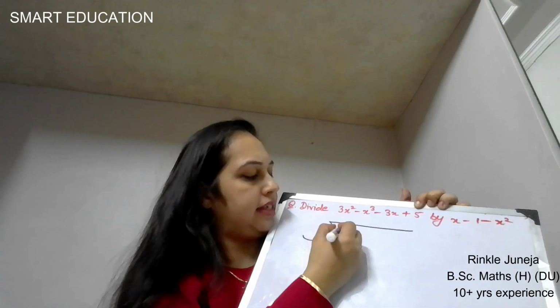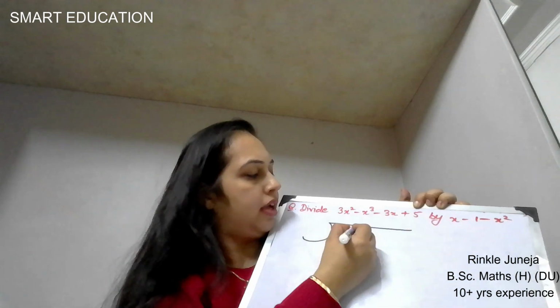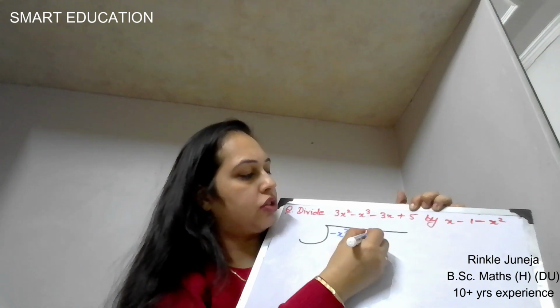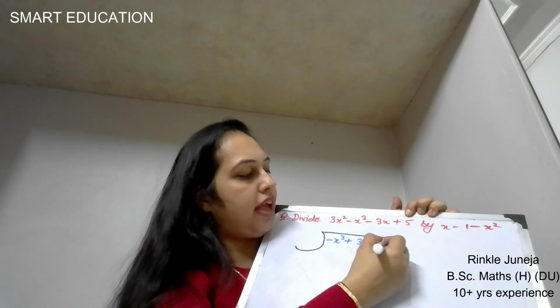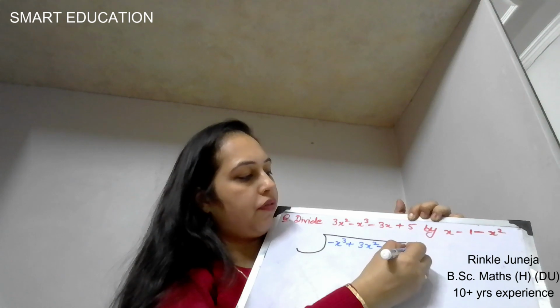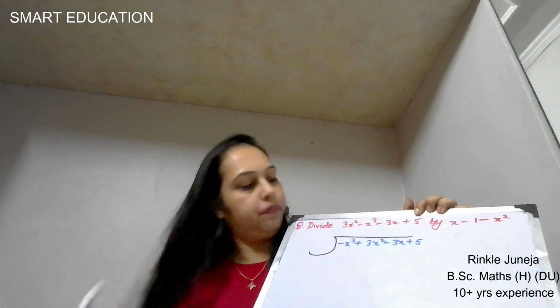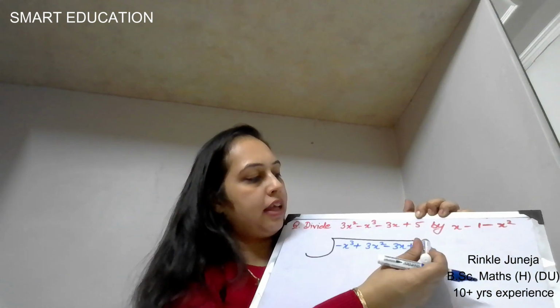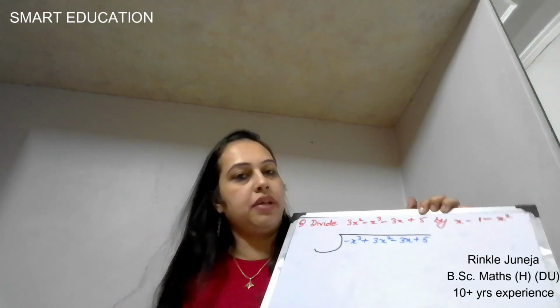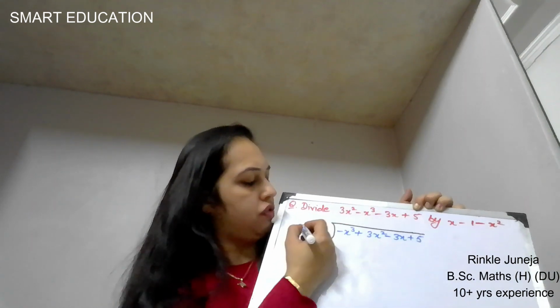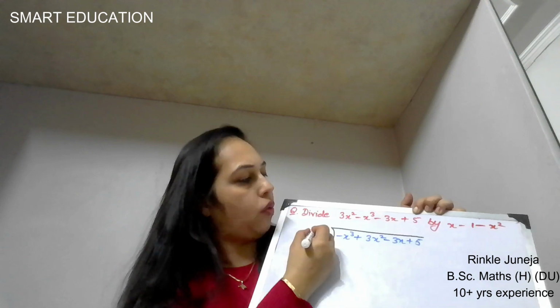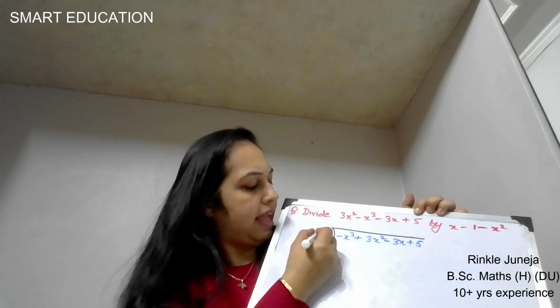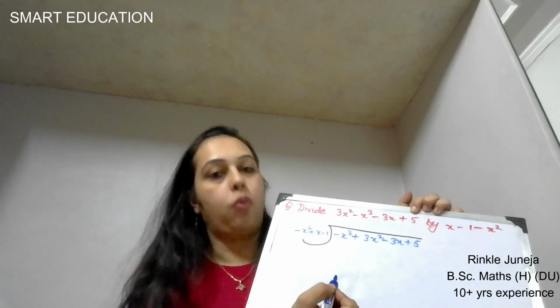So we will write it as minus x cube plus 3x square minus 3x plus 5, right? And again, the divisor should also be in the decreasing power of x. So this will be written as minus x square plus x minus 1.